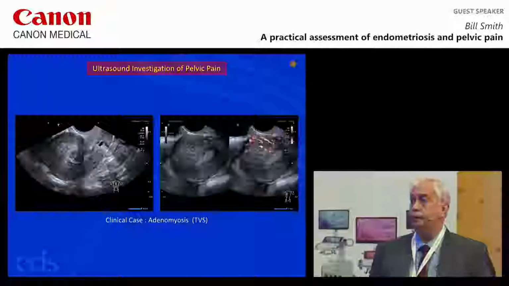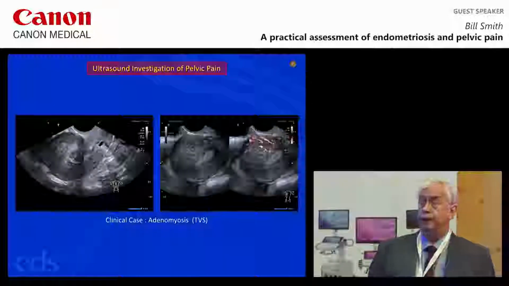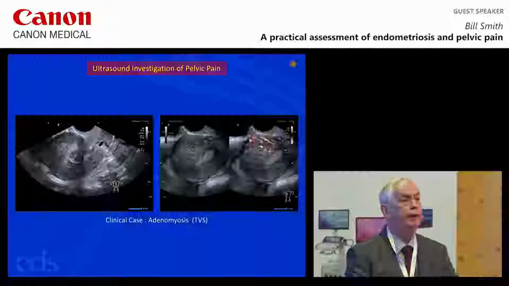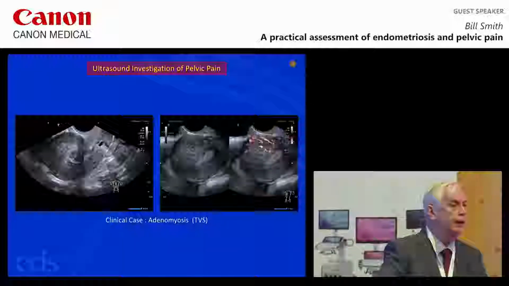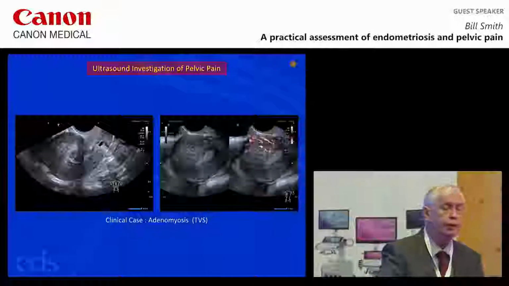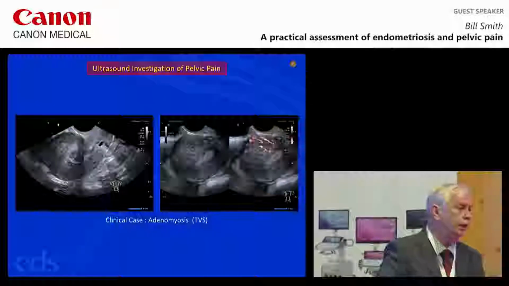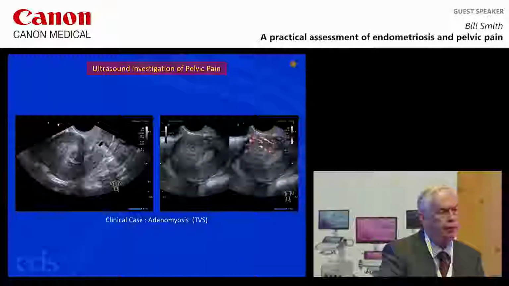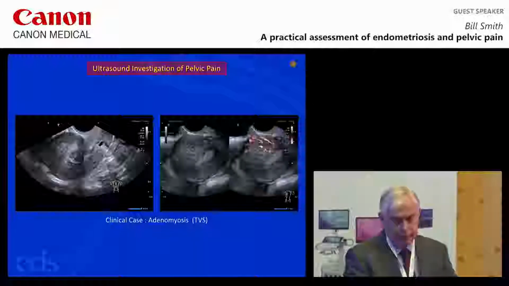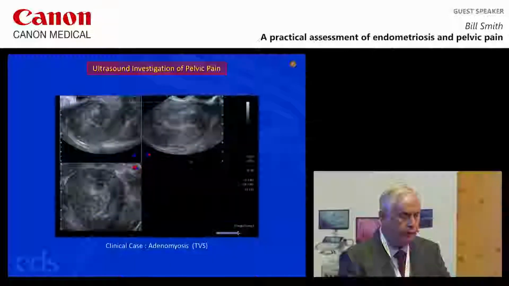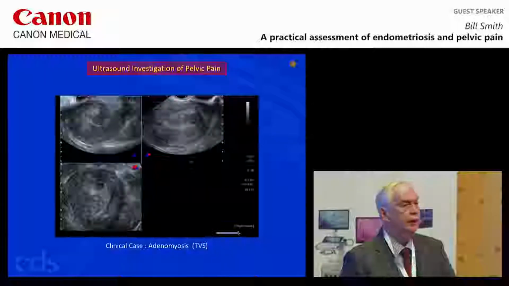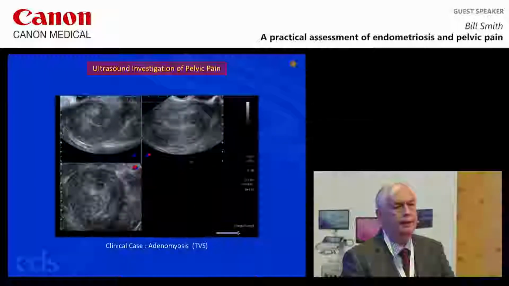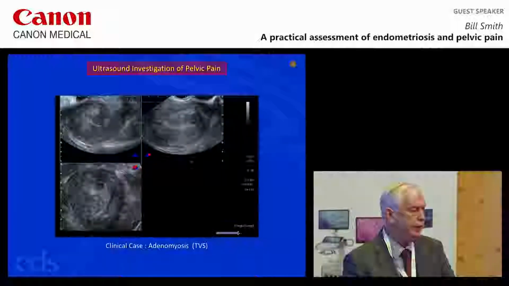This is a case of adenomyosis. I think that's pretty obvious if we look at the grayscale texture. We need good grayscale texture. We look at the hyperemic changes within the myometrium, which we would associate with adenomyosis, and we need good 3D to look at the extent and significance of the adenomyosis.